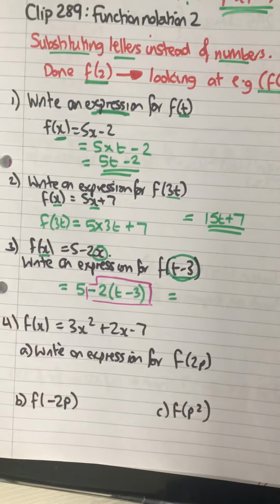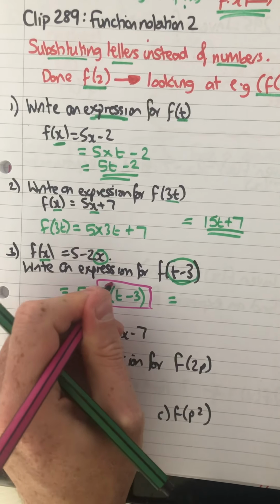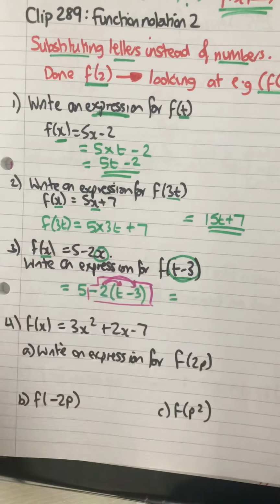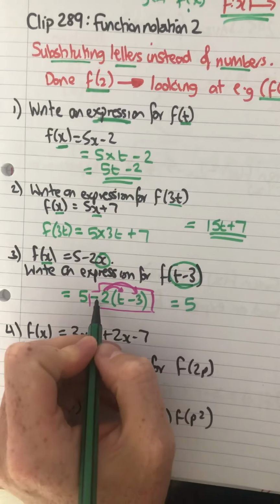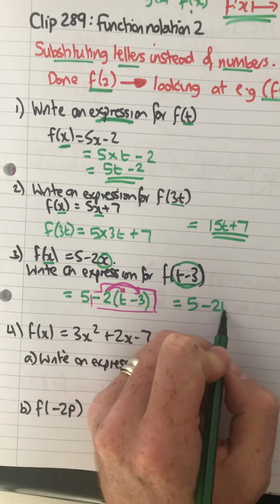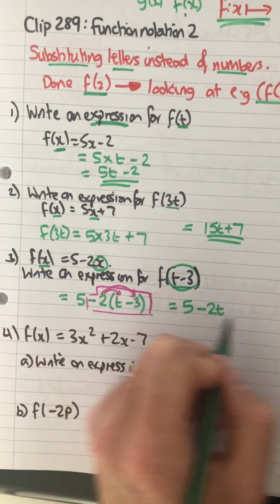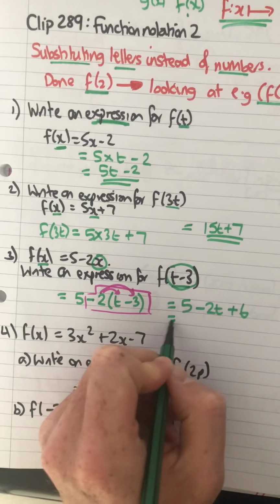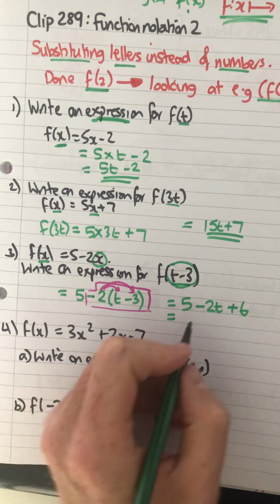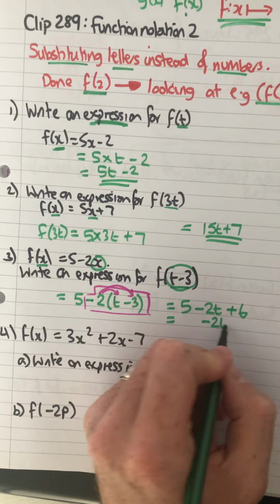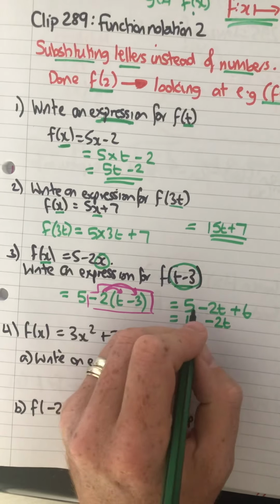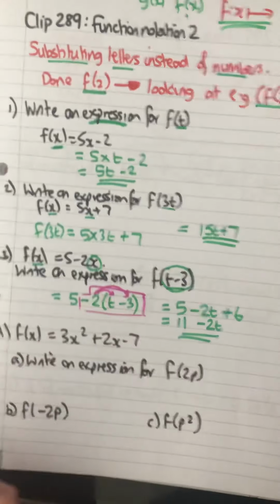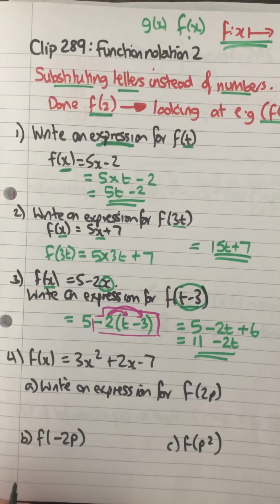So we're going to do minus 2 times t and minus 2 times minus 3. Leave the 5. Minus 2 times t is minus 2t. Minus 2 times minus 3 is plus 6. Then can you simplify this down? I'm going to leave the minus 2t there, and I've got a 5 and plus 6. Well, that's 11. So I've got 11 minus 2t. There's your answer as an expression.